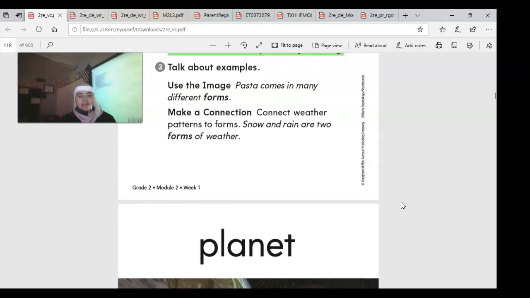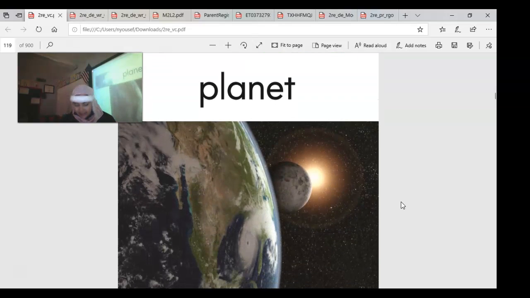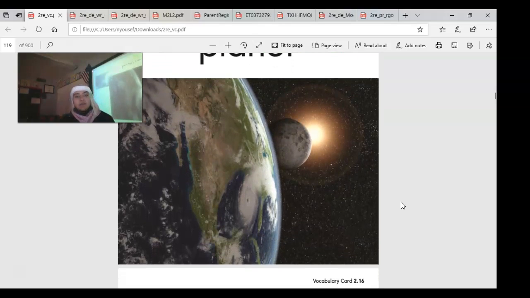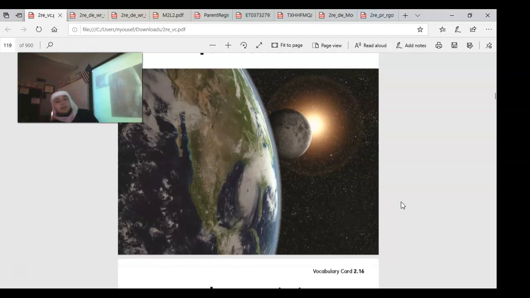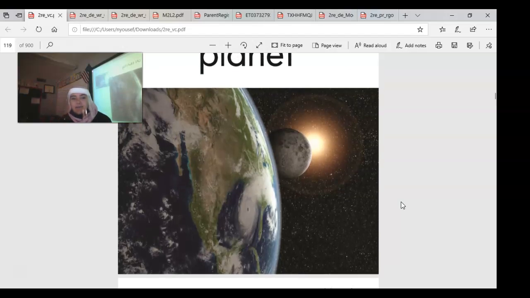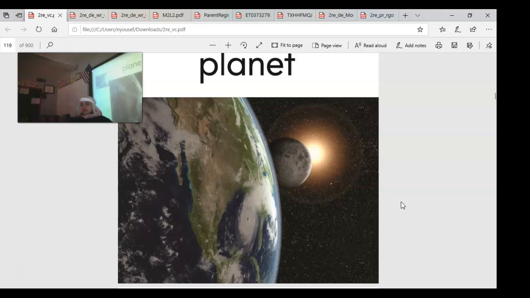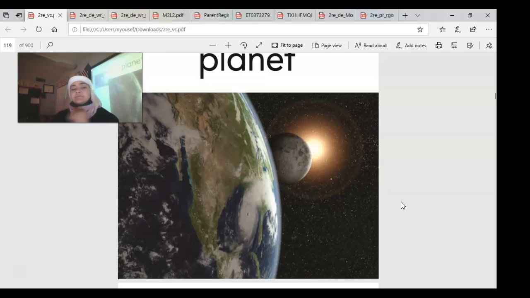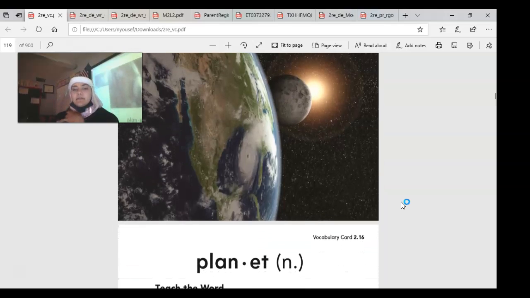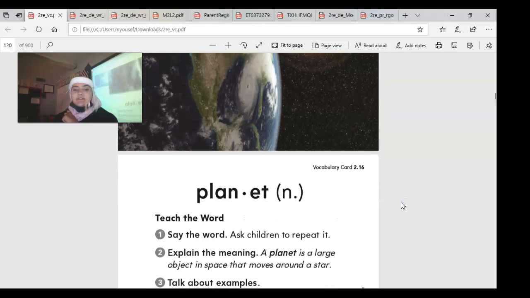Alright, class, the next word is planet. Wow, look at that beautiful picture of the planet. Who thinks they know what a planet is? Dominic? Good. It looks like it might be a rock, but it's not, and it's in outer space.